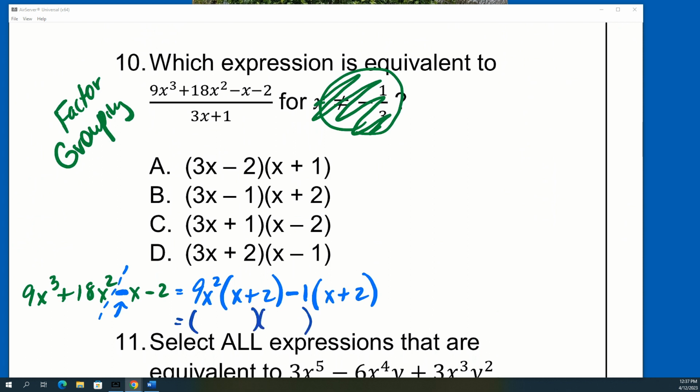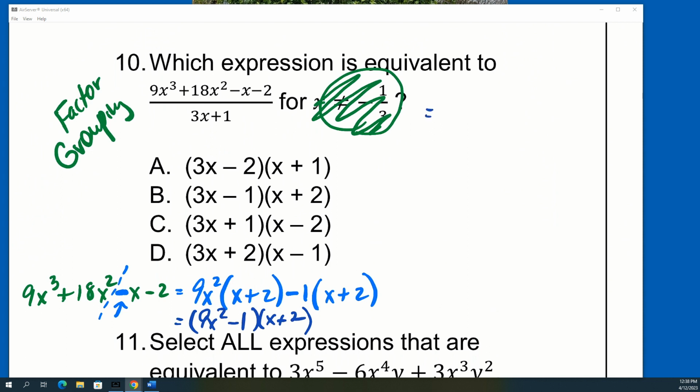Now for factoring by grouping to work, those 2 things have to be exactly the same, and they are. So what you factored out is in one set of parentheses, and what was left over is in the other. Now it's possible you did all that right, but then you still didn't get the right answer because we're not done factoring.